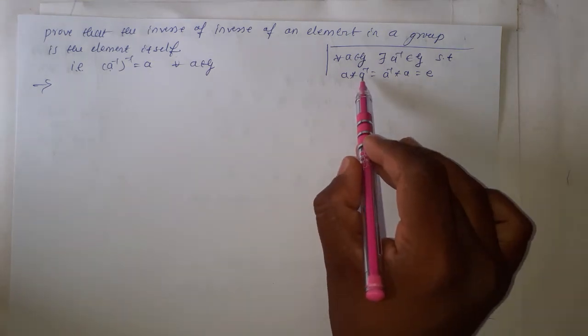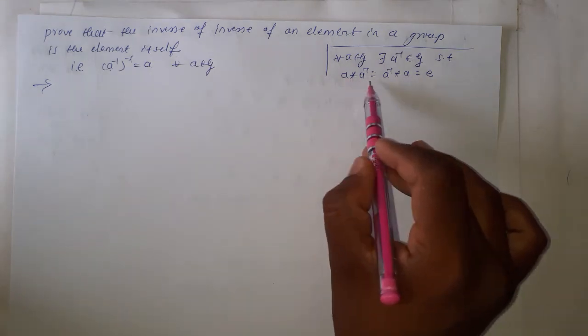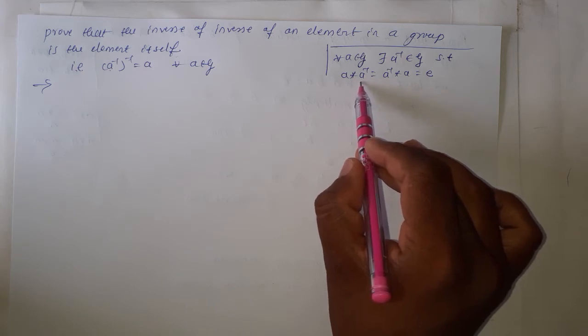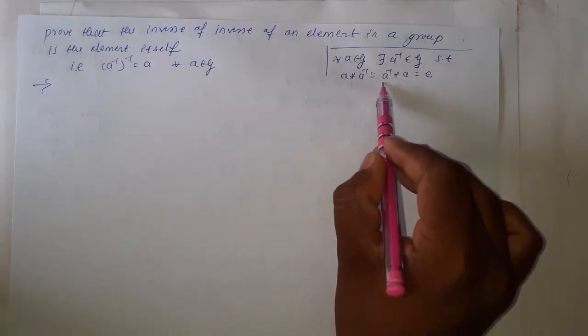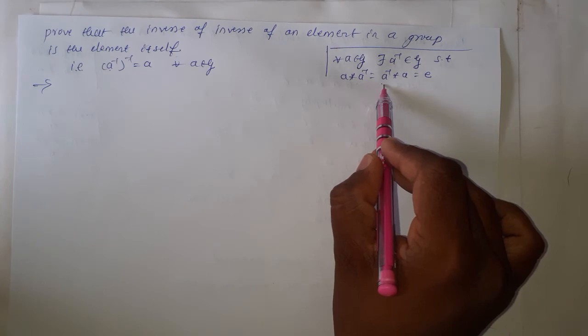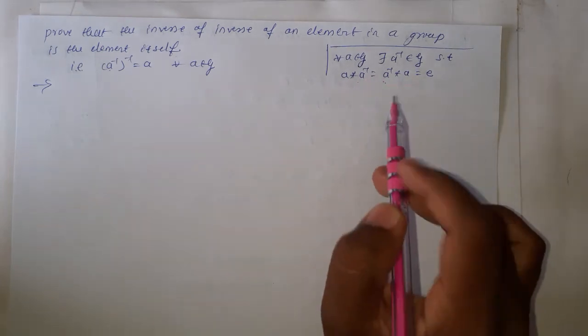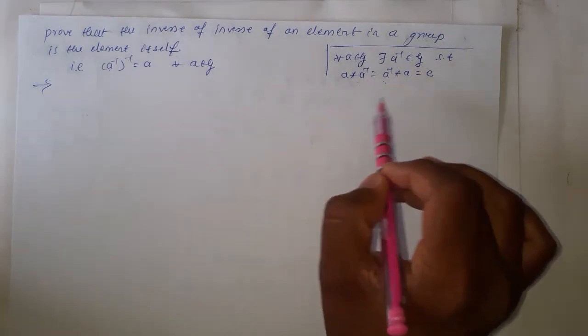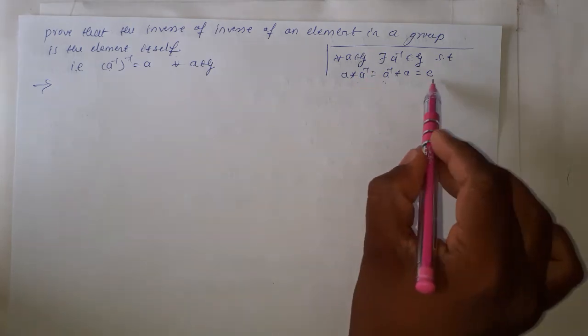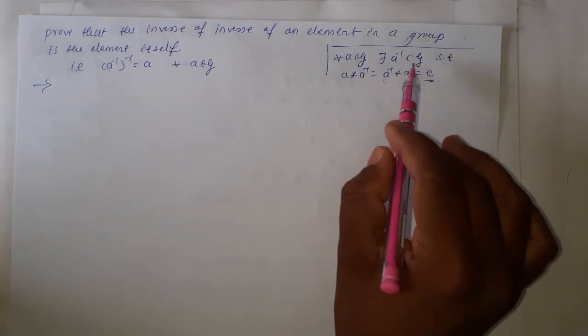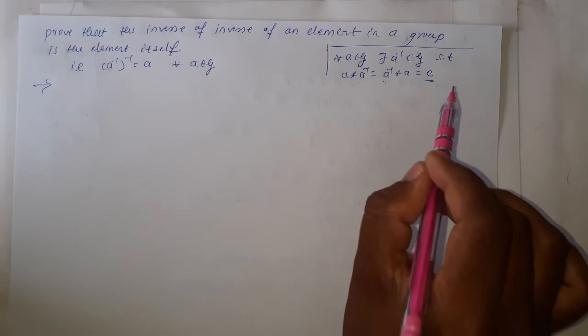Here we are operating on the right side of A, that is post multiplication, and here on the left side of A, that is pre multiplication. So independent of the position of A inverse, the result must be equal to the identity element. This is the statement for the inverse law.